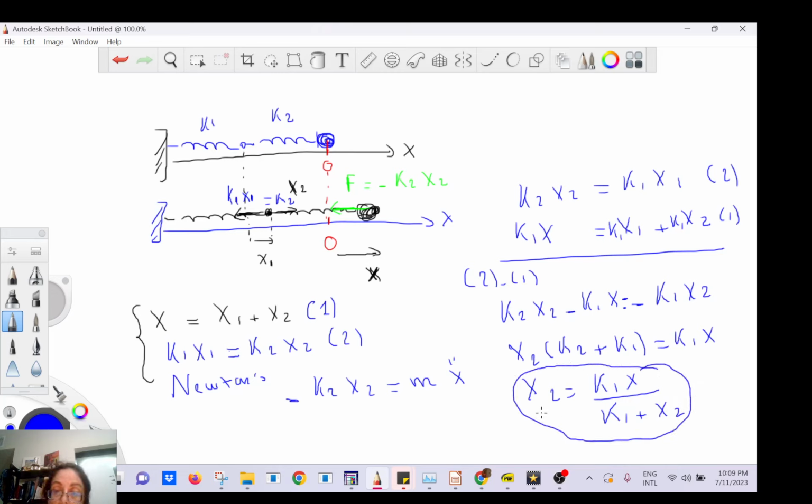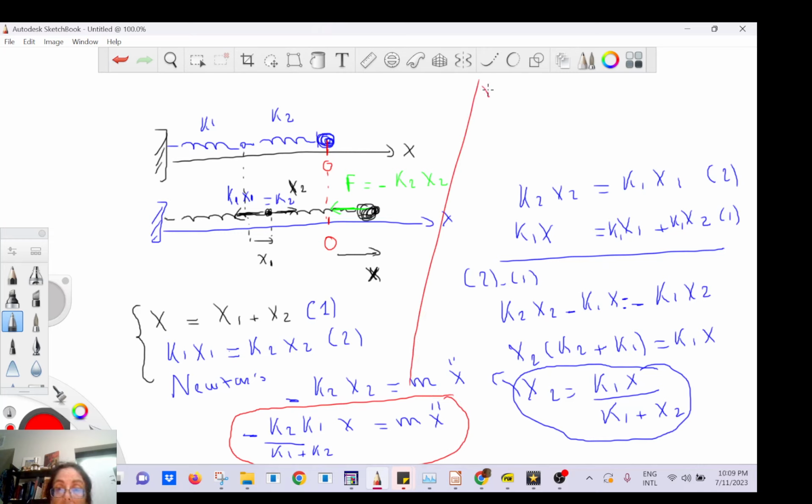So I can plug that back into here. So I have minus K2 K1 over K1 plus K2, x equals that. And that's it, because you see that's my equation of motion.